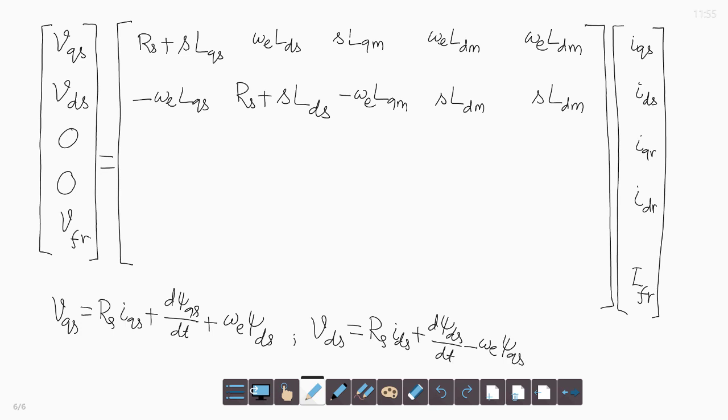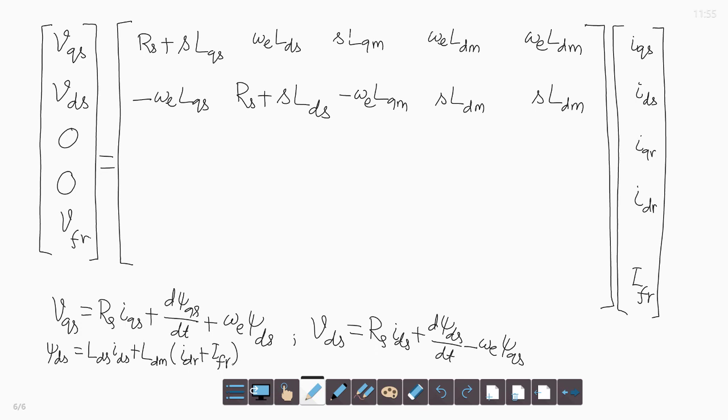Psi QS expression we have already written, and psi ds also, as you know, psi ds is given by LDS IDS plus LDM into d axis damper current IDR and field current IFR, and so d by dt is replaced by Laplace operator S. So, this is for the d axis stator winding.